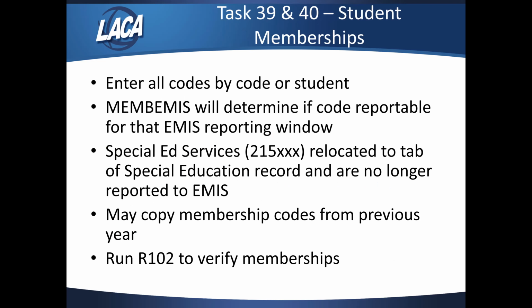Enter all of the codes on the students. You can enter codes by code or student. You can do it at the CIS school membership members level, or you can go to the specific student.